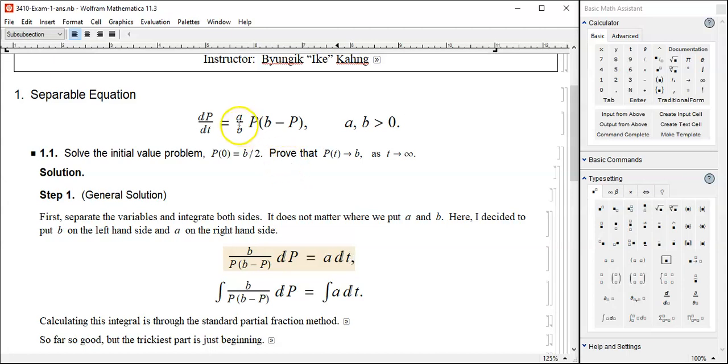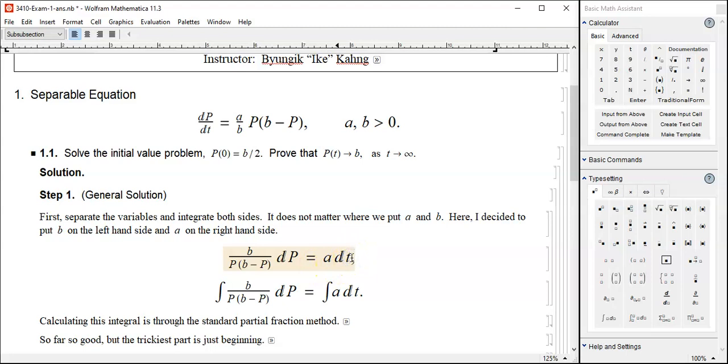For example, you can leave the entire fraction a over b on the right-hand side and get this form, and that's fine. And if you want everything on the left and leave nothing on the right-hand side, that's fine too. My decision is to keep a on the right-hand side and move b to the left-hand side.